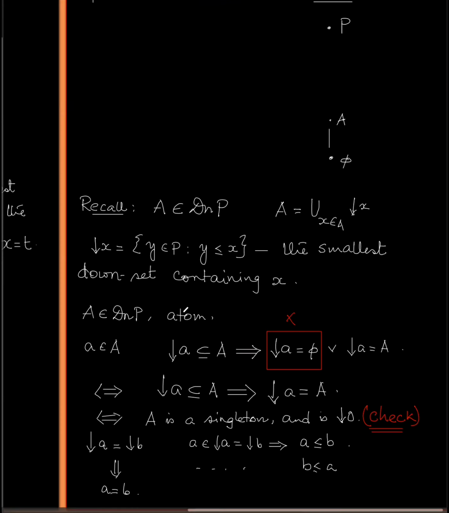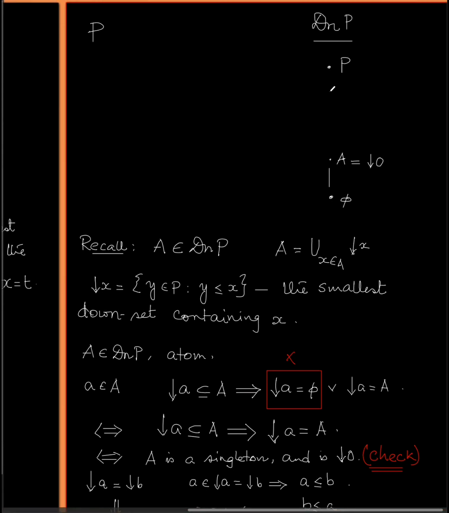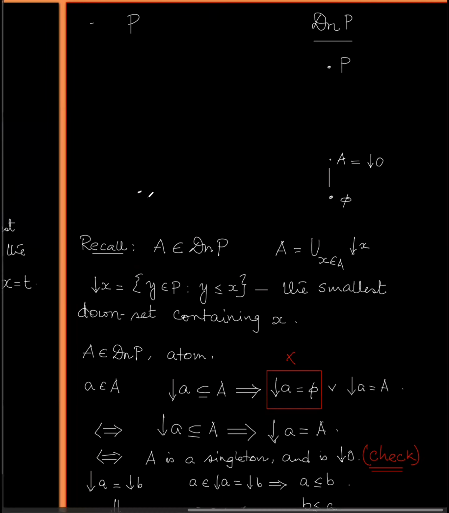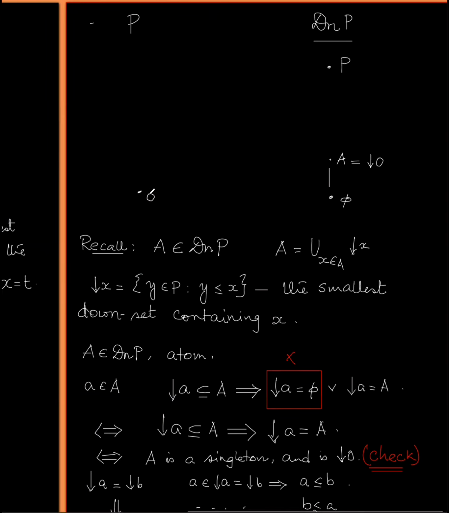So it means that this lattice will have an atom if and only if this is the only possible choice. So this is the picture of downset of P. The picture of P will have to be this. If A is an atom, then P must have a smallest element.